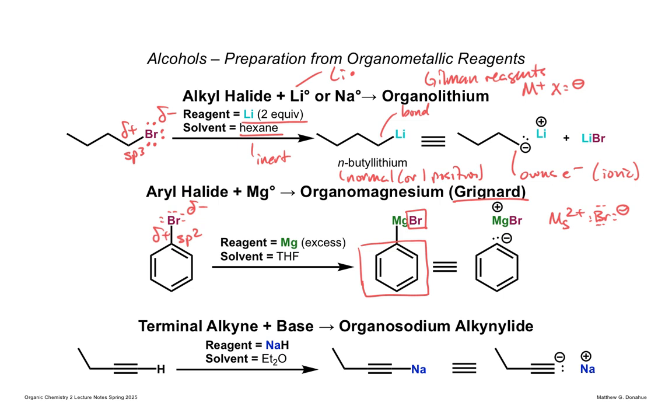So again, you could take this bromobutane, treat it with magnesium, and then you would get the Grignard of this. So these are just some examples to highlight the reactivity. For the sp hybridized carbon, again, you have to use a terminal alkyne.